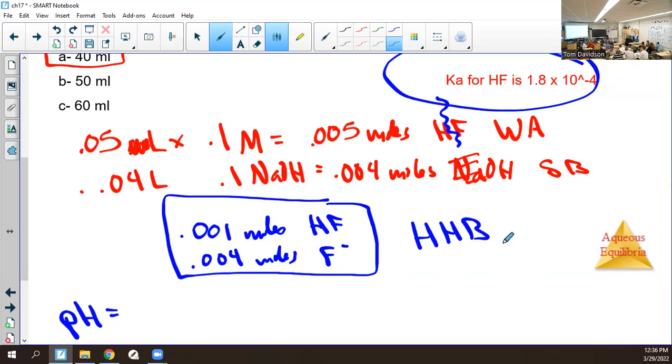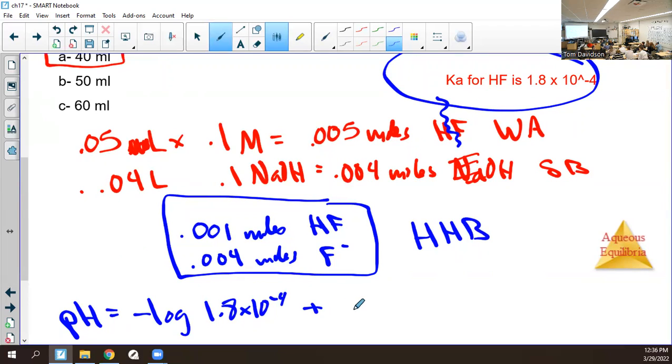So we take the negative log of 1.8 times 10 to the negative 4. And do we add or subtract? Add, because David Hasselhoff's a happy man.